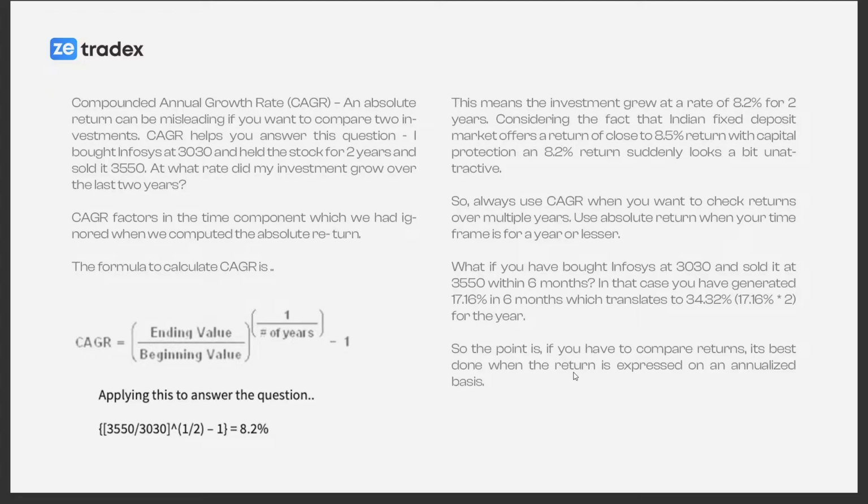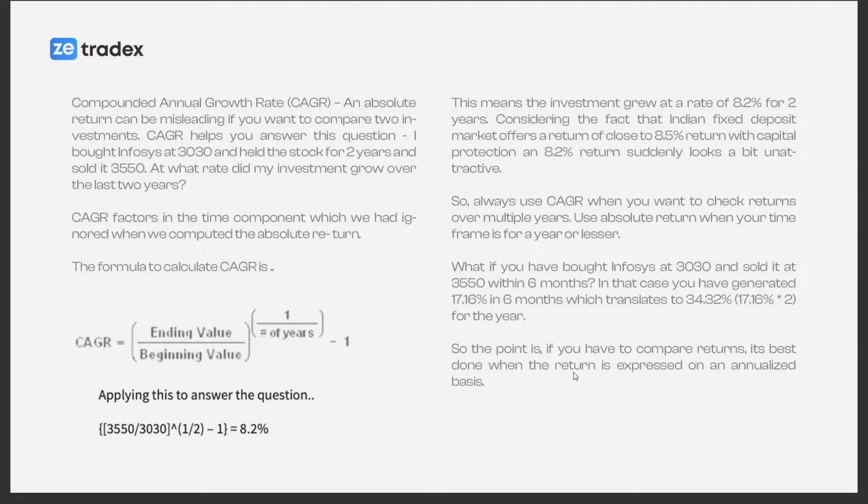I bought InfoSystem at 30.30 and held the stock for 2 years and sold at 35.50. At what rate did my investment grow over the last 2 years? Now, CAGR factors in the time component, which we had ignored when we computed the absolute return.